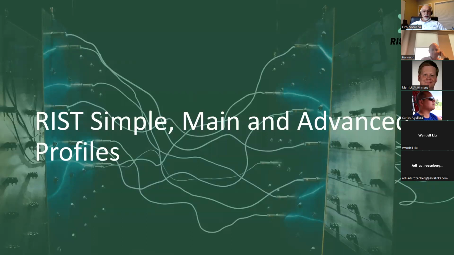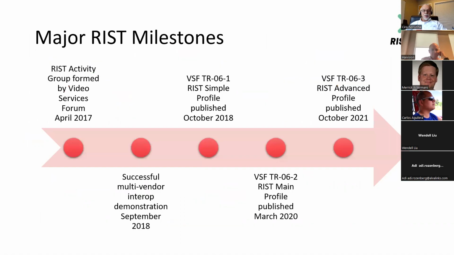Let's talk about RIST Simple, Main and Advanced Profiles. All right. Milestones, and acknowledgements to Wes Simpson for doing this slide. The RIST-AG was formed in February of 2017 during VidTrans, but we didn't actually do anything until NAB in 2017.